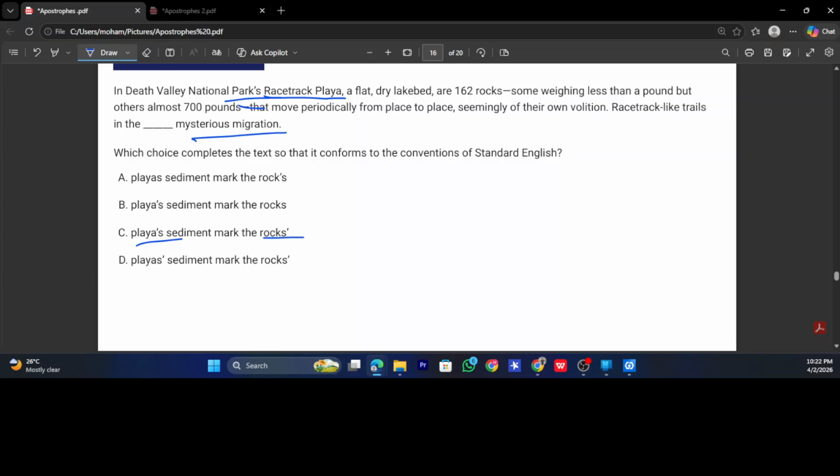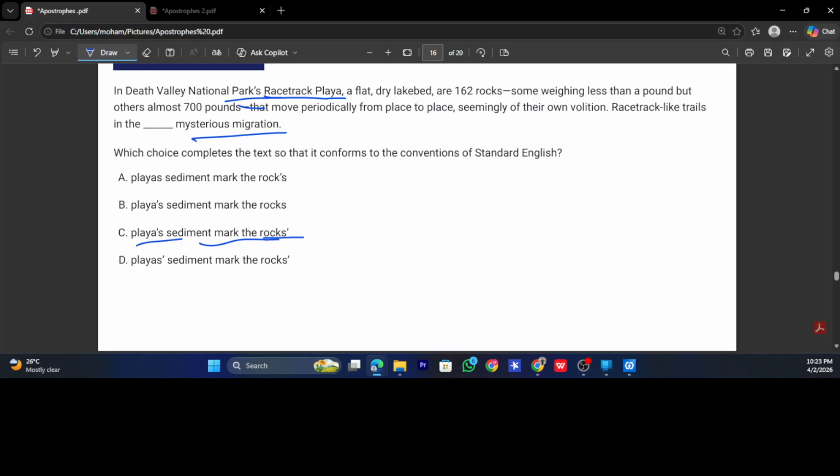So the convention being tested: singular possessive noun layer's and plural possessive noun rocks' currently indicate the sediment is that of only one layer.